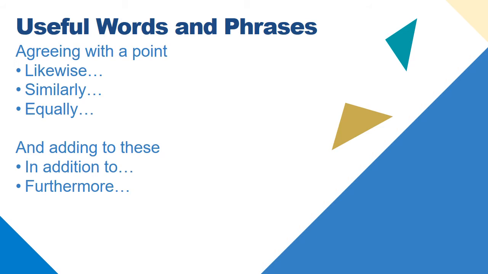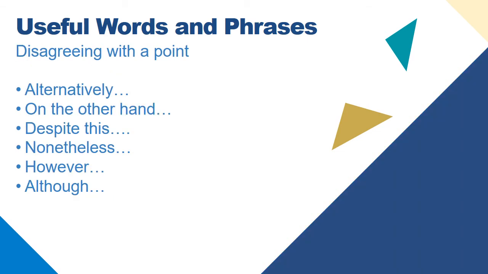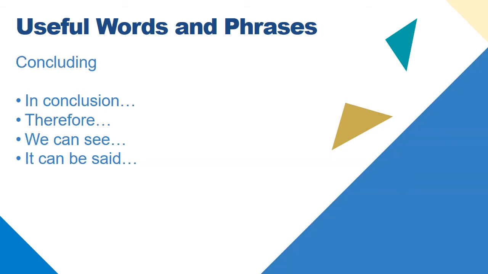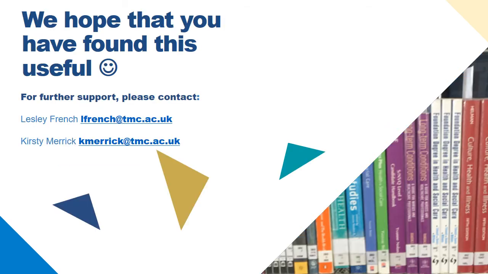To agree with a point, you could say likewise, similarly, equally, and then add into these points in addition to or furthermore. To disagree with a point, you could say alternatively, on the other hand, despite this, nonetheless, however, although. And to conclude, in conclusion, therefore, we can see, it can be said.